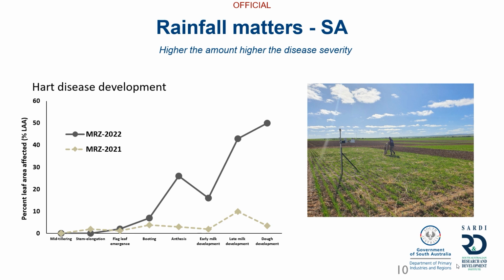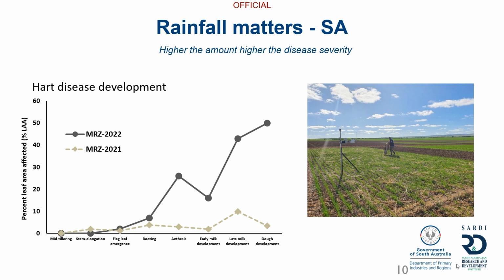If you compare 2021, which was a drier season, with 2022, which we know was an exceptionally wet season at Hart in the mid-north of SA, you can see the amount of disease development over the course of the growing season doesn't really change or get to a significant level in 2021.